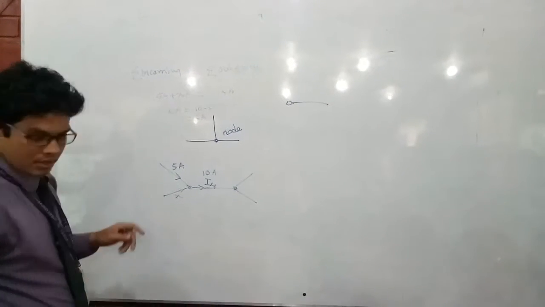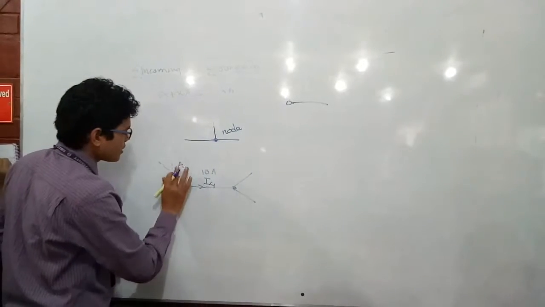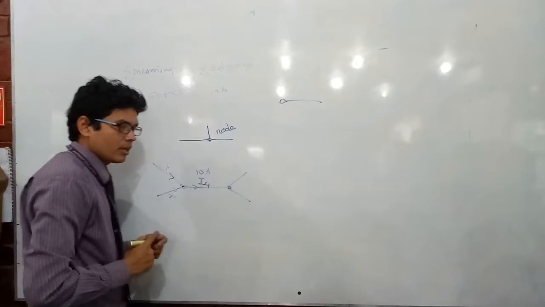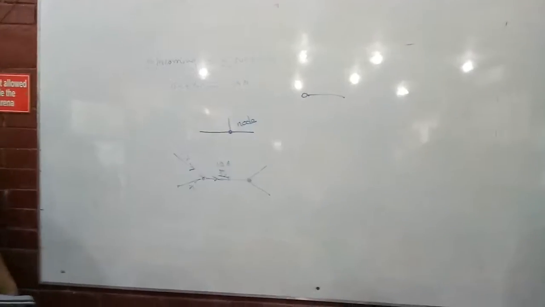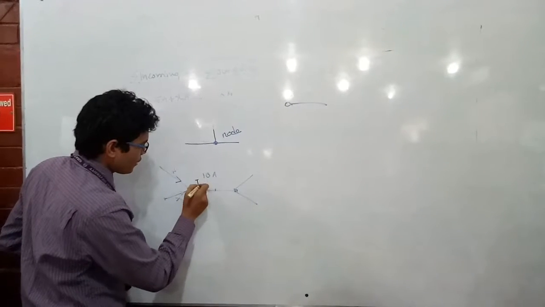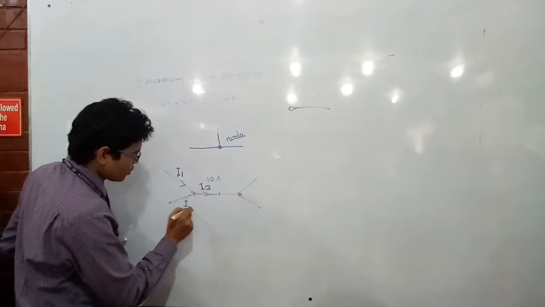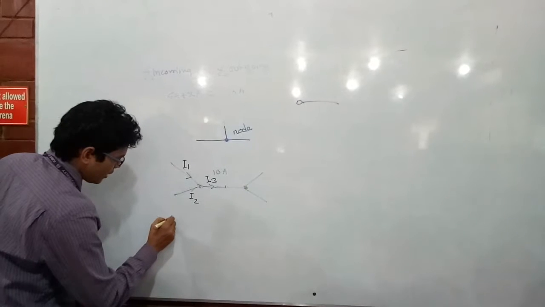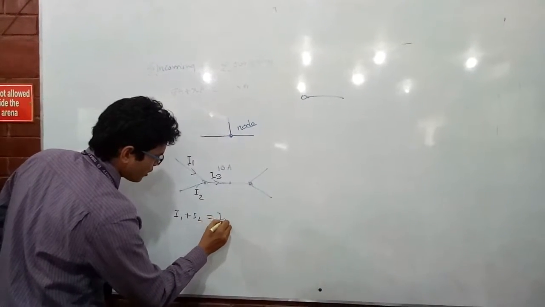So the equation comes like this. Let me bring a marker. If we have that one as I3, that one as I1, and this one as I2, then applying Kirchhoff's current law here, I1 plus I2 would be equal to I3.